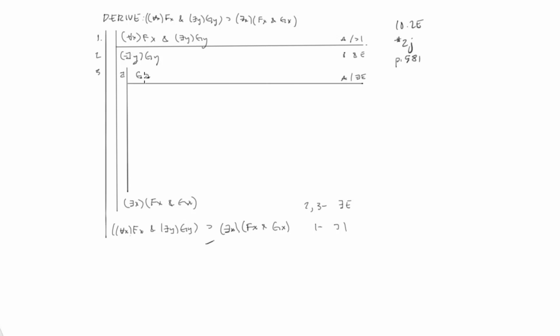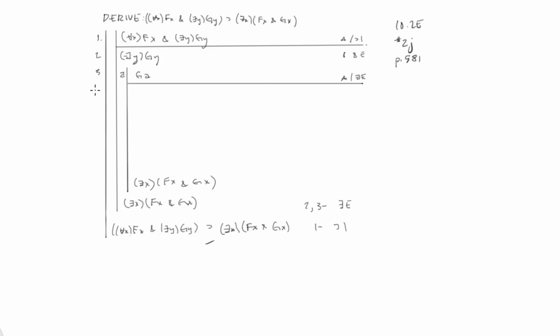Our assumption is a substitution instance of the existential on line 2. What's our target? Well, the last line is the sentence we want exported, and that's there's an x, fx ampersand gx. At this point, we can continue with goal assessment. That would be fine. I don't think it's particularly necessary or helpful in this case.